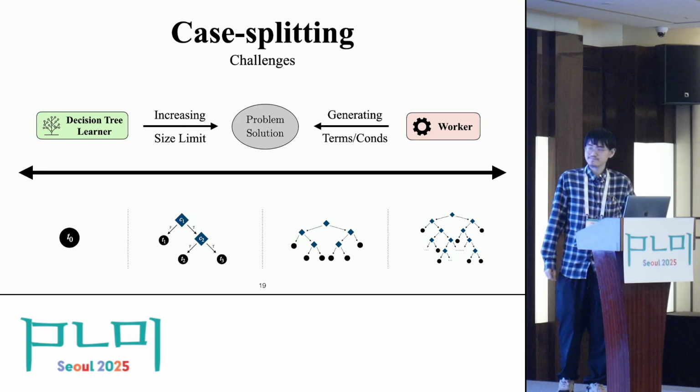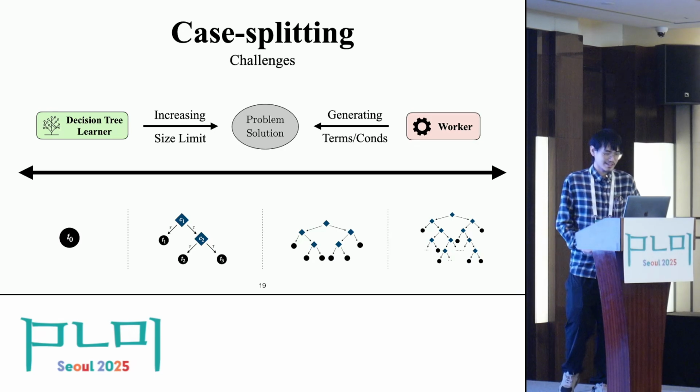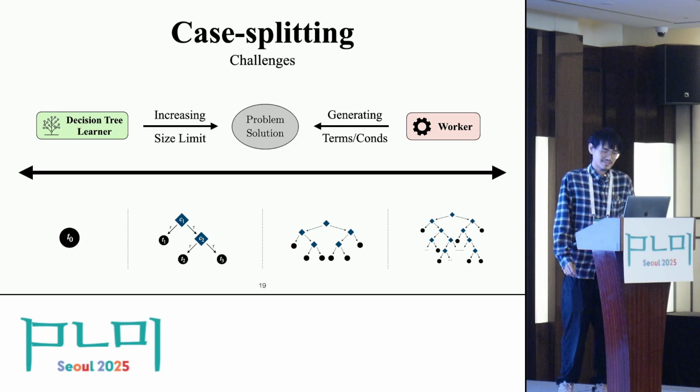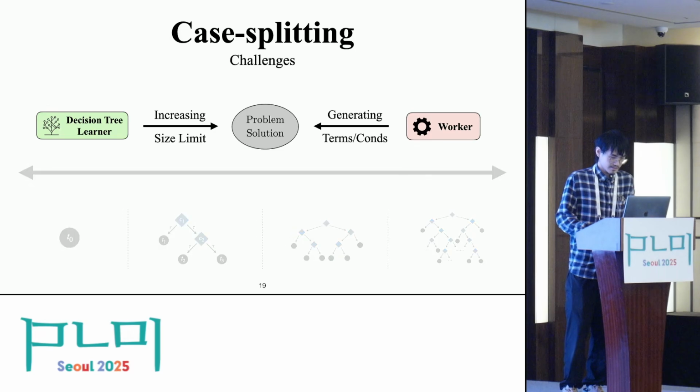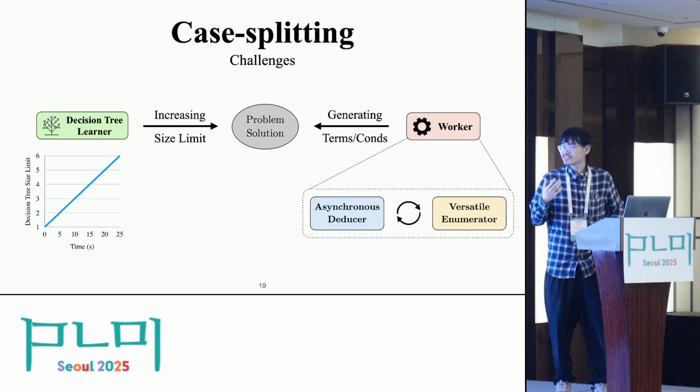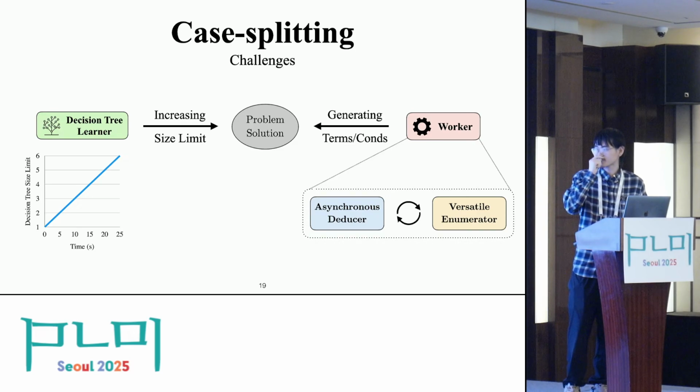This solution, as we can imagine, if possible, will be pretty small, and it will use as many terms and conditions as possible. The tree learner uses basically a linear function with respect to time to increase the size limit.